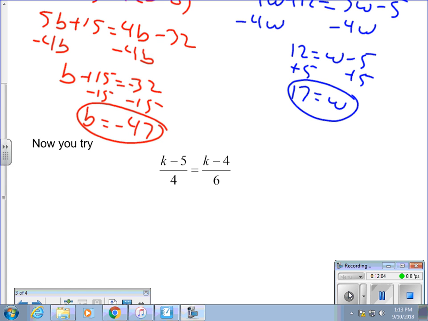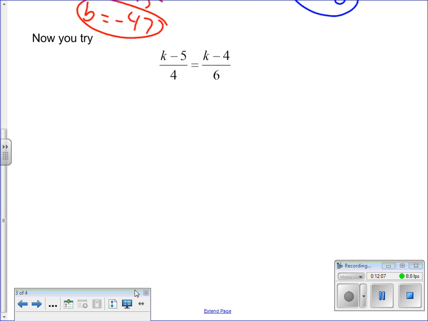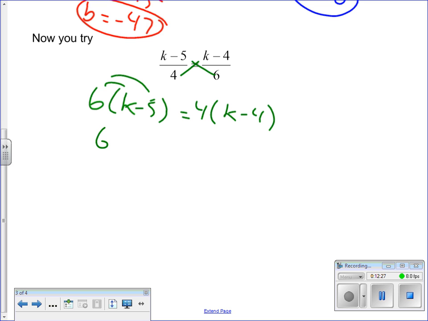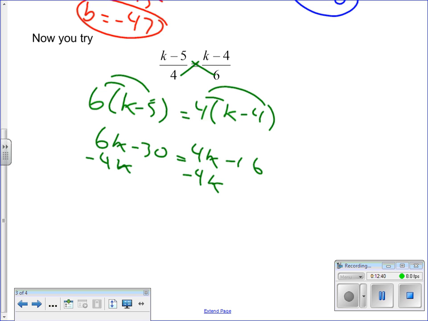Okay, let's go ahead and do this one. So cross multiply. 6 times k minus 5 equals 4 times k minus 4. Distribute the 6. 6k minus 30 equals, distribute the 4, 4k minus 16. 4k is smaller, so I subtract 4k from both sides.